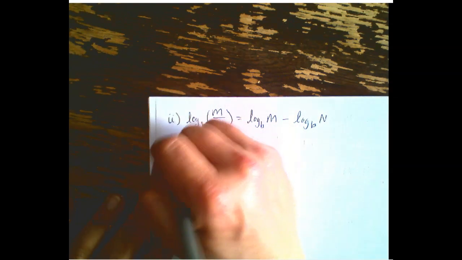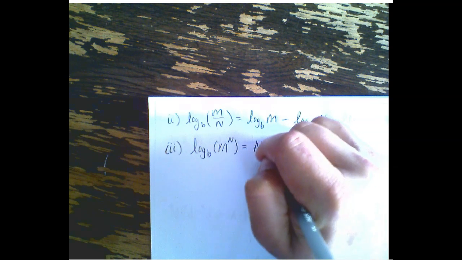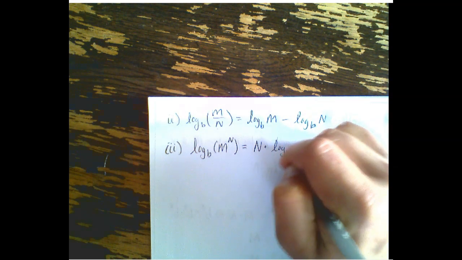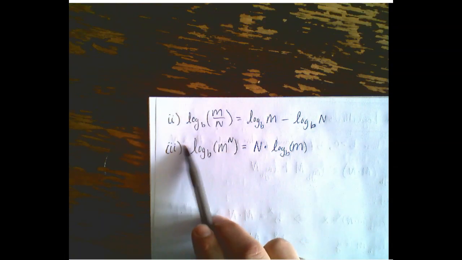Okay. This also comes from a property of exponents, but I won't go through the proof there. And then last, log base b of m to the nth power equals n times log base b of m. So basically what we can do is just move this power out to the front.